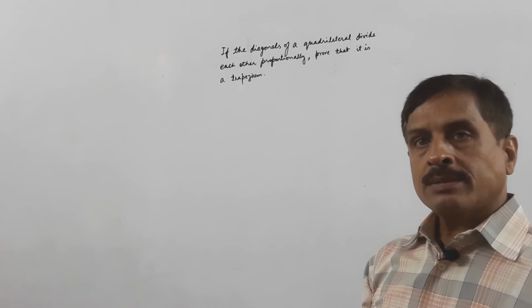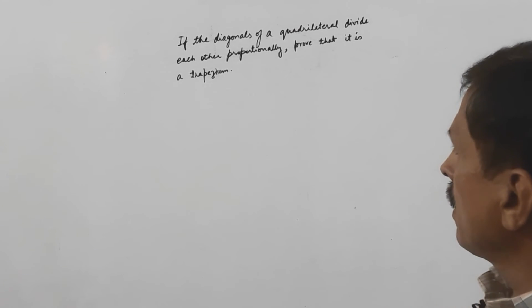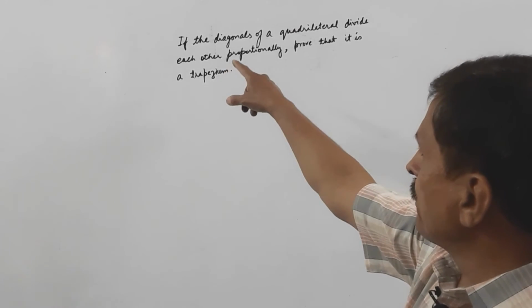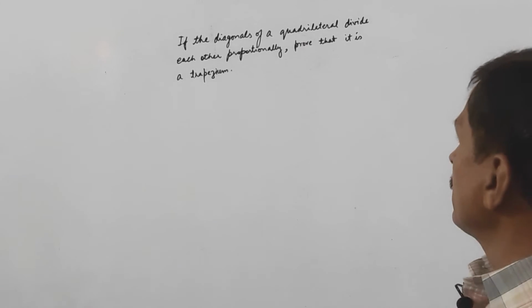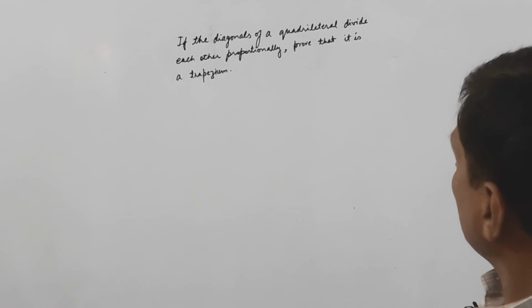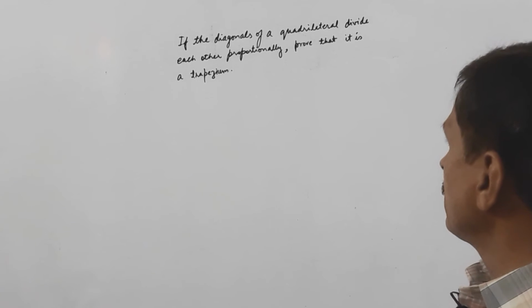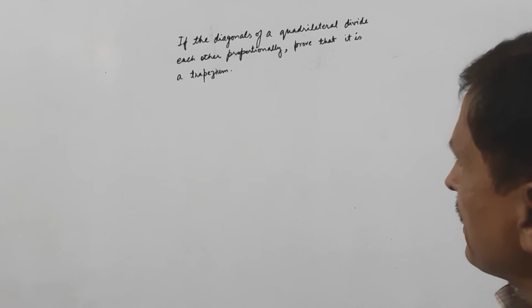In the next question, if the diagonals of a quadrilateral divide each other proportionally, prove that it is a trapezium.